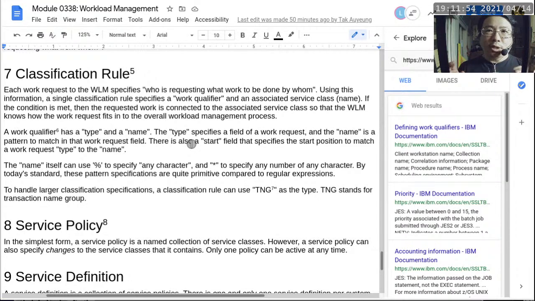Because what the classification rule is really trying to say is what should I be looking at in order to determine which service class we should be using for this particular work request. So the high level view of a classification rule is just a mechanism to look at all the work coming into the system, and link each one with a service class.